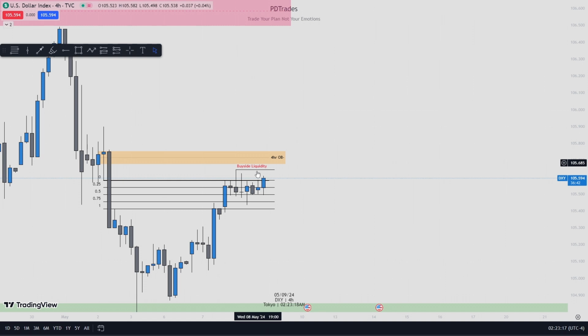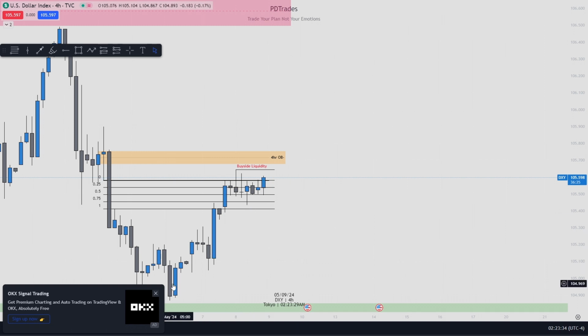So this is my draw on liquidity right now. I'm looking at this 4-hourly order block. If it will maybe use this order block here to rebalance this imbalance, this fair value gap, taking out the lows here.